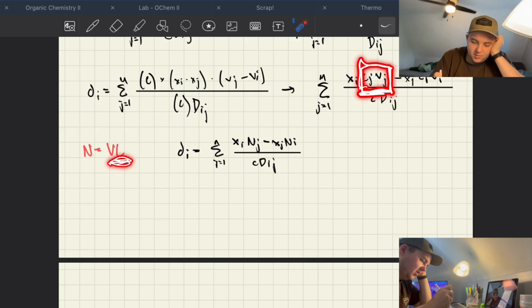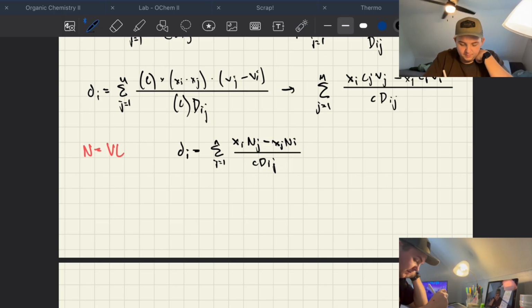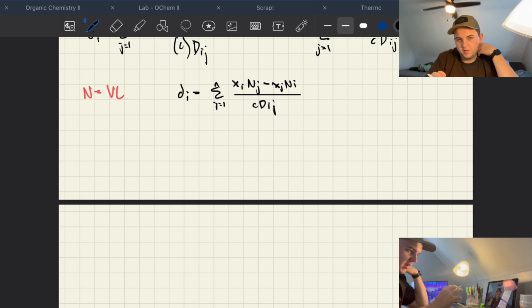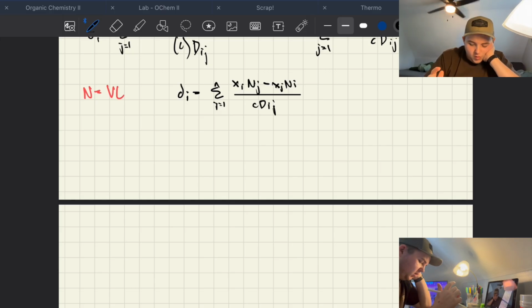Since we have our two j components, we can just rewrite that as N_j, and then same with here with our N_i. So what we have here looks very familiar, but we have to do one more thing to finally get to our answer. So now we just need to show our molar diffusive fluxes.